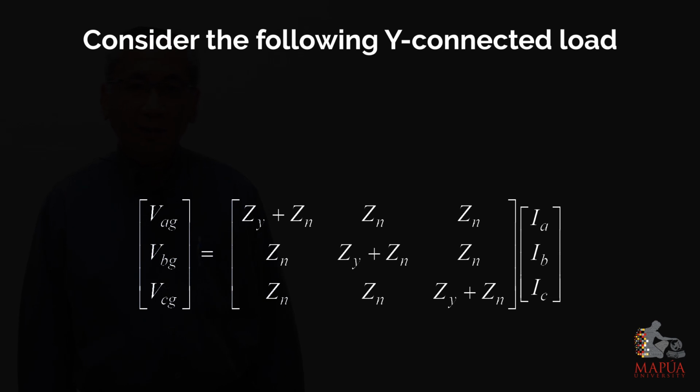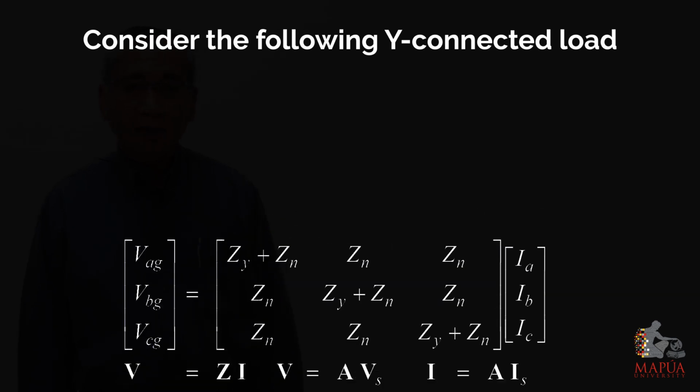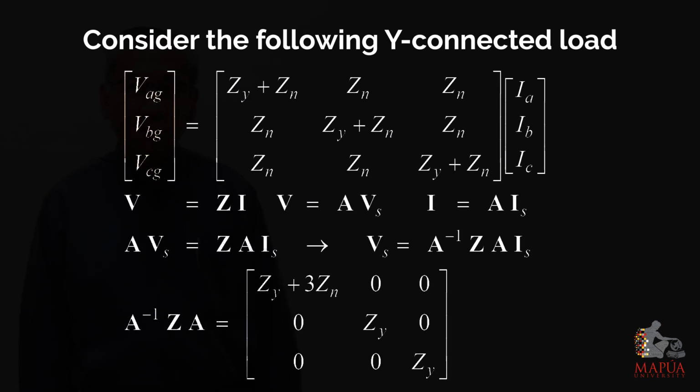Now, this given matrix VAG, VBG, VCG is equal to the impedance matrix multiplied by IA, IB, IC.